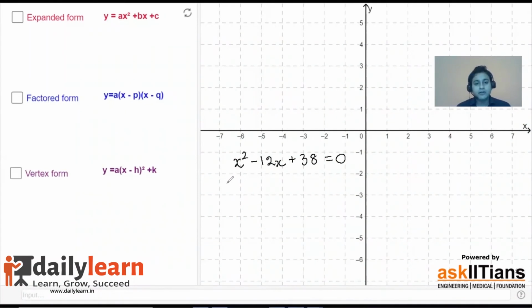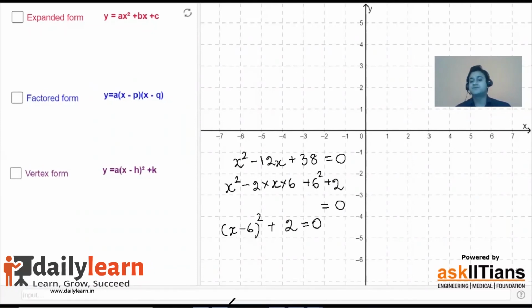See here, I can write this as x² - 2·x·6 + 6² + 2, isn't it guys? Yes, we can write this as x² - 12x + 36 + 2. Now, as you can see, we have the identity (a - b)². Using that, we get (x - 6)² + 2 = 0.